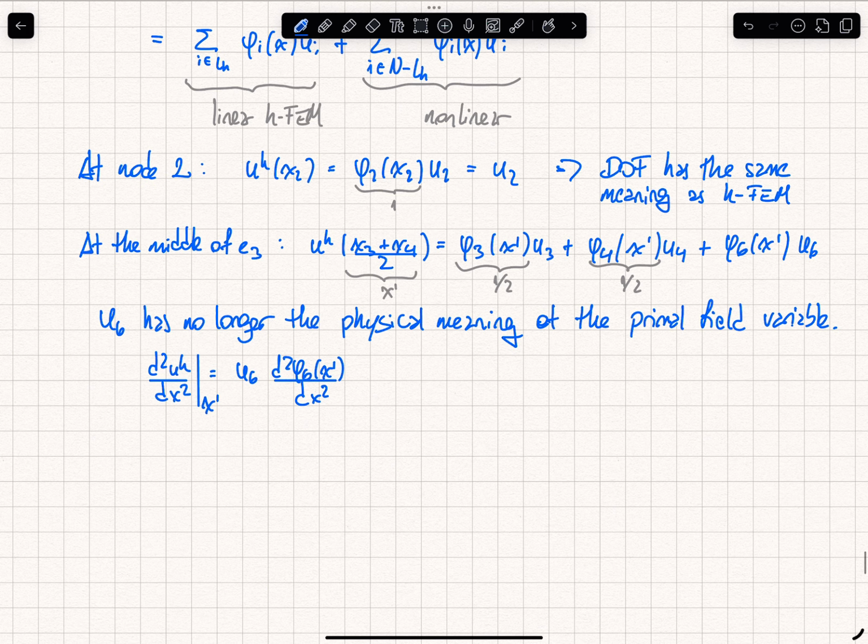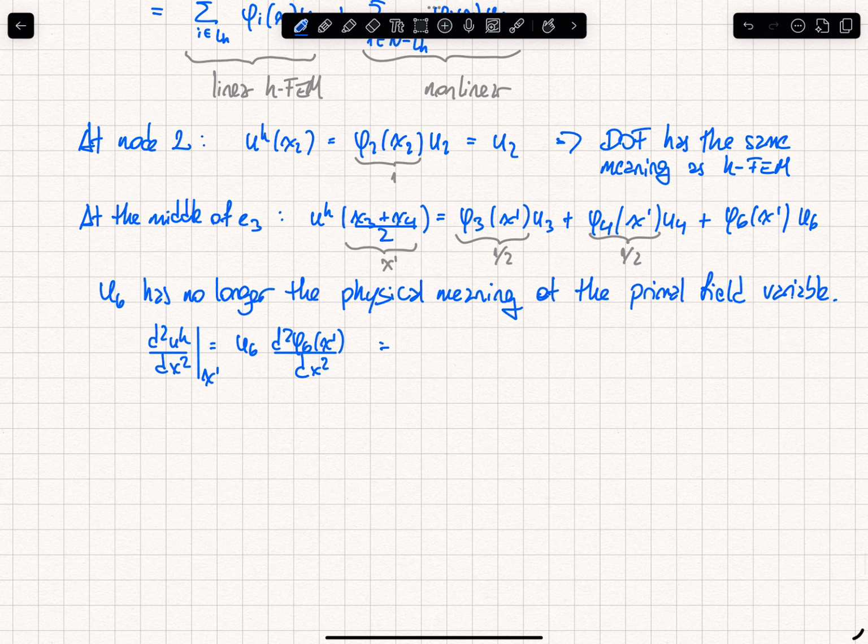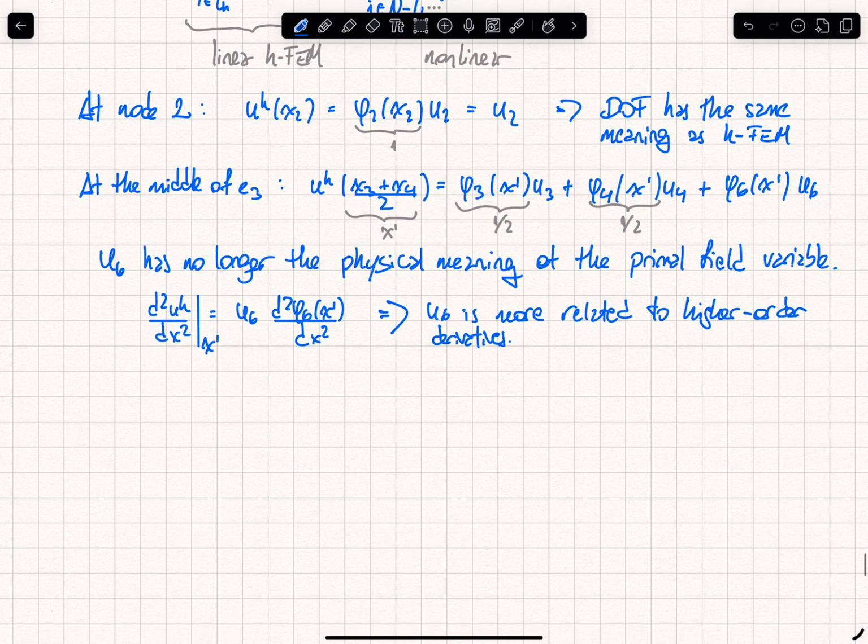That's why there is no phi7 either. And so u6 is more related to higher order derivatives. Okay?